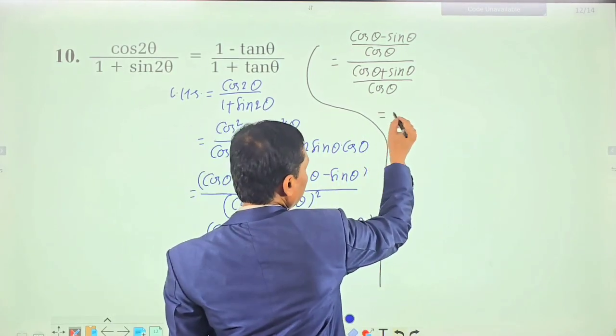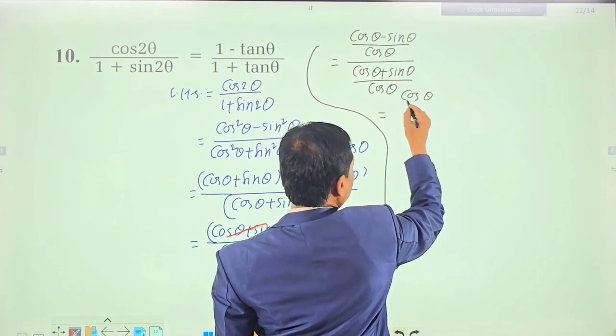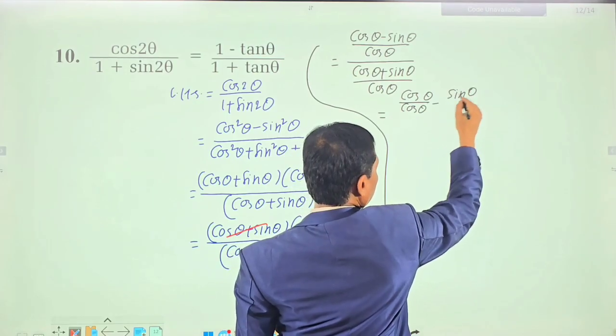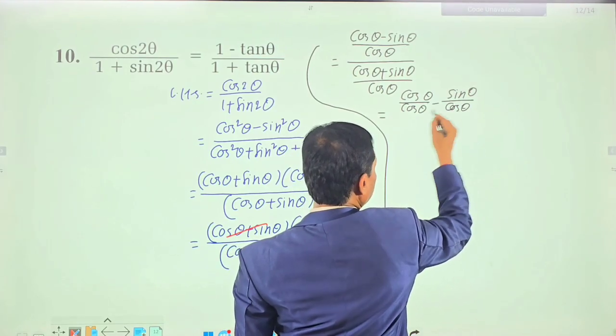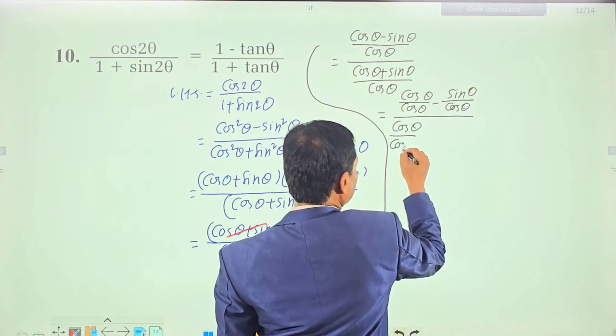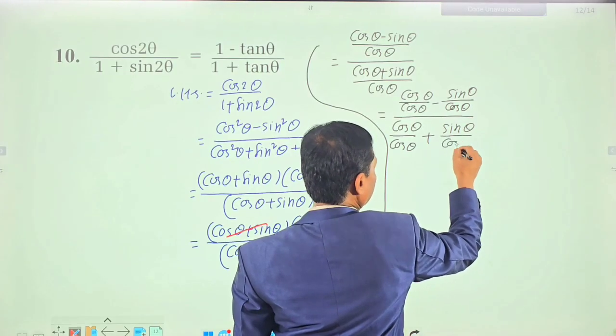Next step we have here, just separate the base, so we can write cos theta by cos theta minus sin theta by cos theta, and at the denominator we have cos theta by cos theta plus sin theta by cos theta.